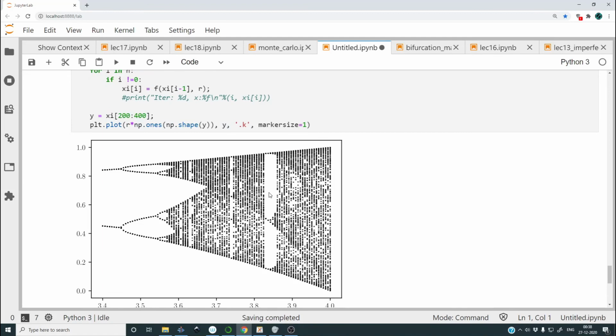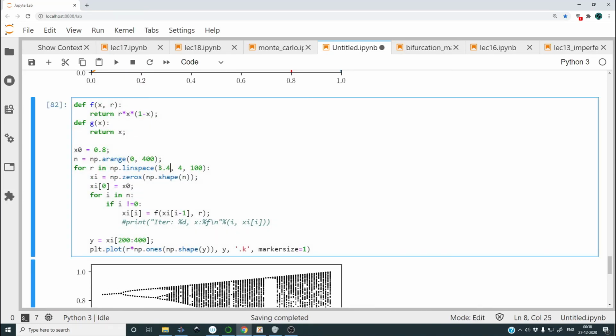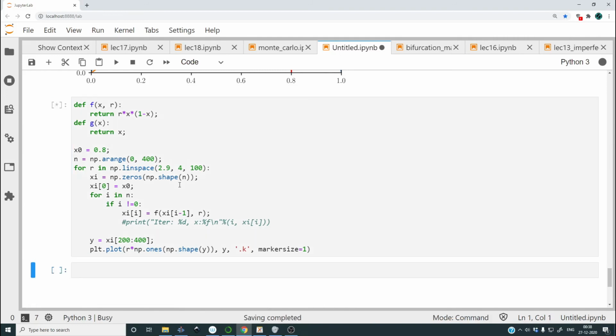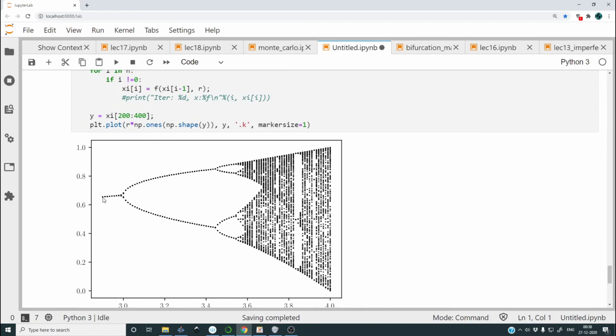Okay, we get this wonderful looking diagram. Let me do it all the way from 2.9 because we want to take R less than 3 as well, since when R is less than 3, we will have only one iterate. Let me run this again. We have one iterate like this, then it splits into two iterates.